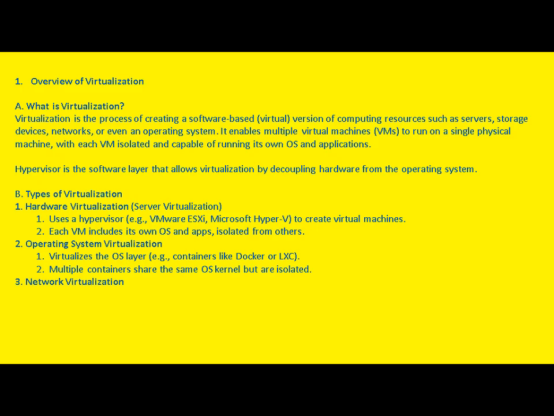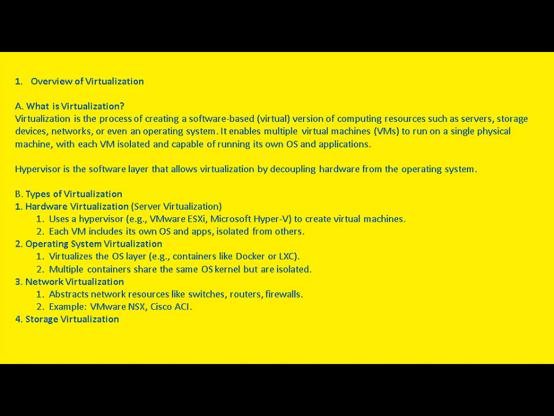The next virtualization type is network virtualization. It abstracts your network resources like switches, routers, firewalls, meaning those physical network devices. Examples are VMware NSX and Cisco ACI.